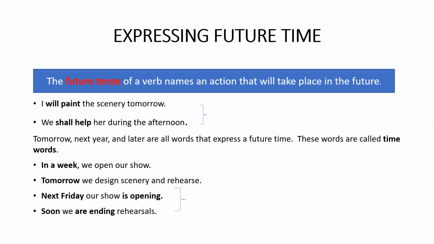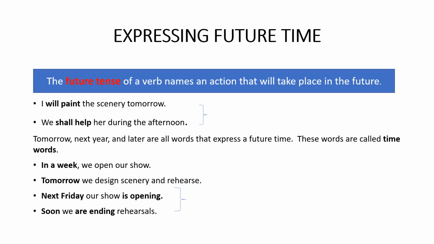In a week, we open our show. Tomorrow, we design scenery and rehearse. You may also use the present progressive verb forms and time words to express future actions.